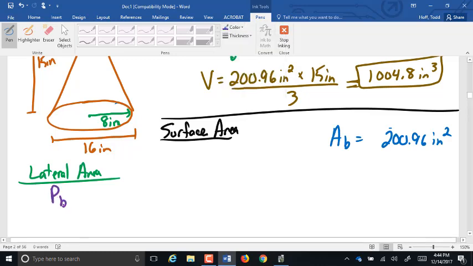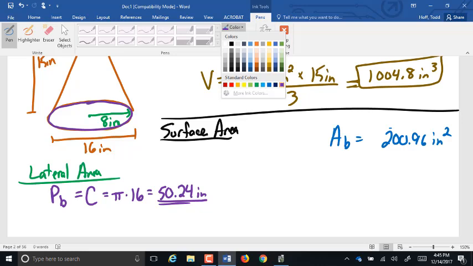First piece of information is the perimeter of the base. That's this right here. It is a circle. So the perimeter of the base is just the circumference. It's pi times diameter. So pi times 16, giving us 50.24 inches. That's the perimeter of our base.